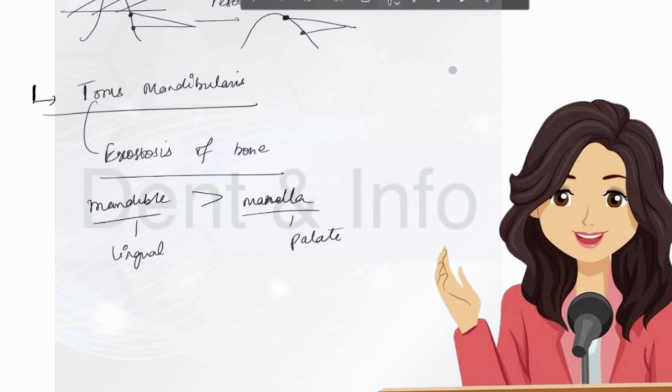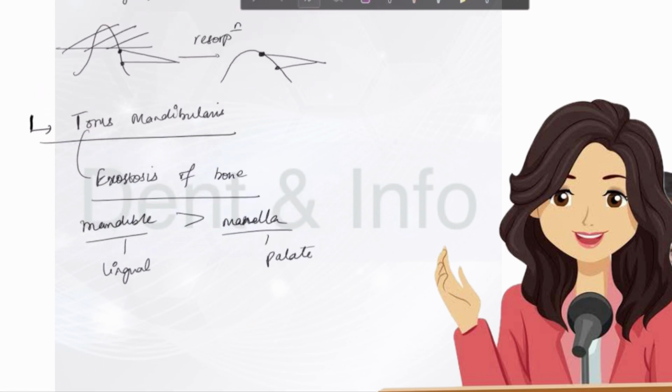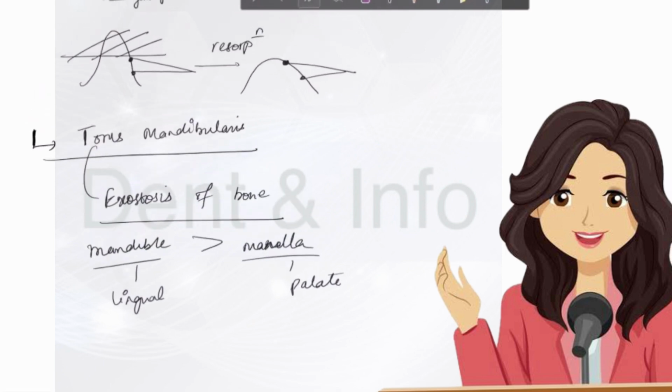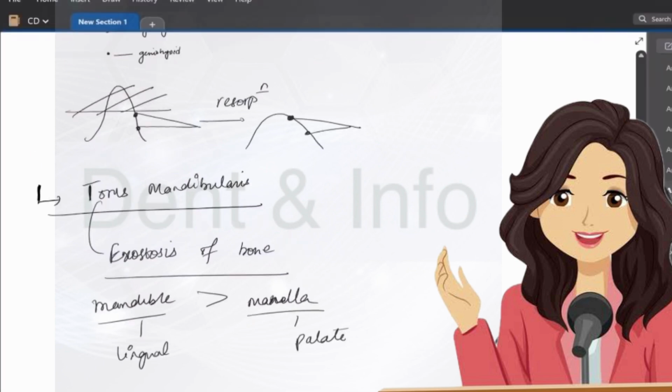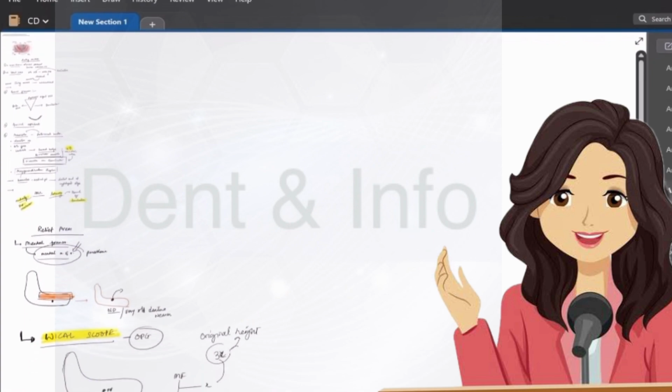Because if it is a larger tori, then it will remove a very big chunk of mandibular bone and eventually leave the mandible in a weak condition. So we need to then look into alternate means of prosthesis fabrication rather than giving a denture. So these are the problems with tori, palatinus as well as mandibularis. So together here, I think we have covered the complete portion of your maxillary and mandibular anatomical landmarks, a very, very, very important topic that we have covered till now.